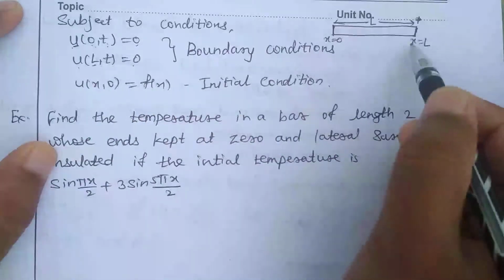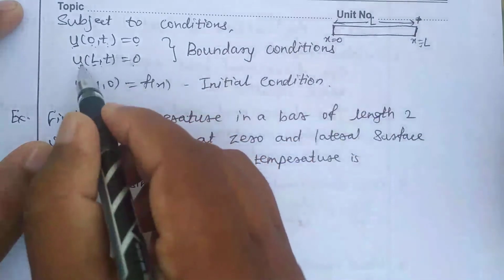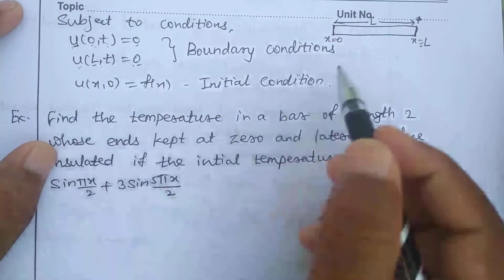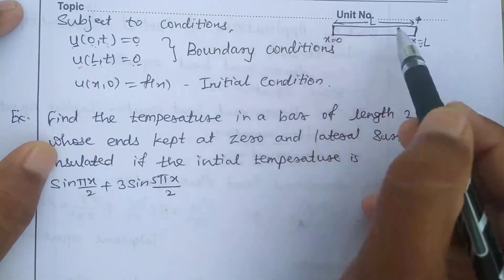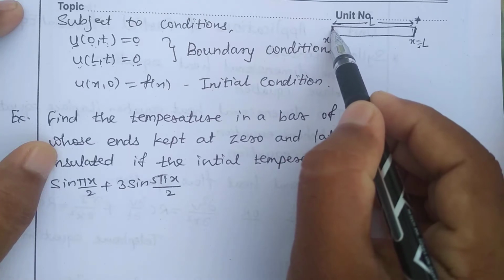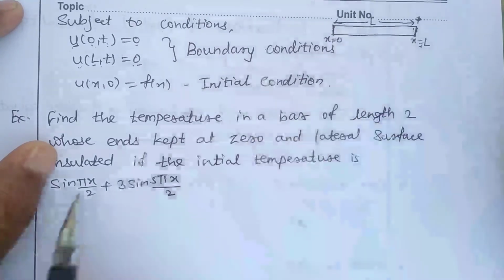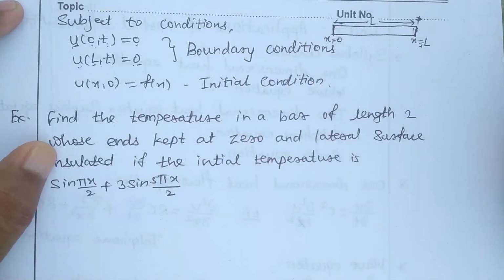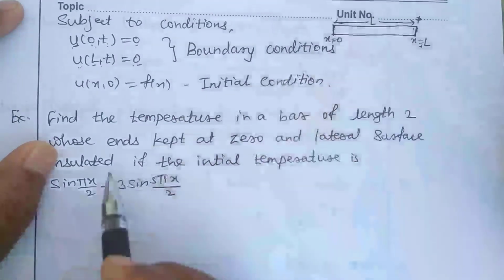Similarly, when x is L, the second end point, the temperature is 0, that means we are keeping both ends of the rod at 0 temperature. So these two are the boundary conditions.